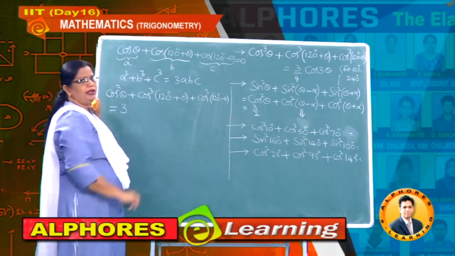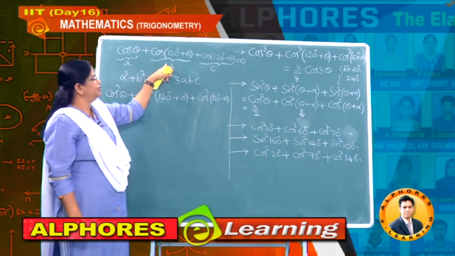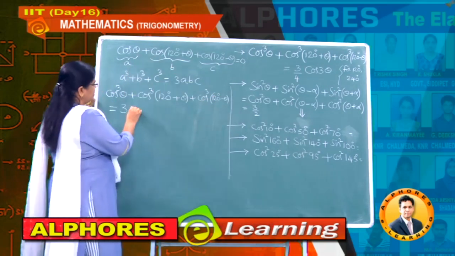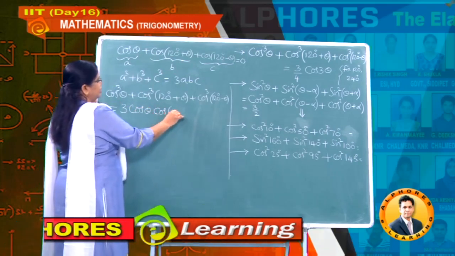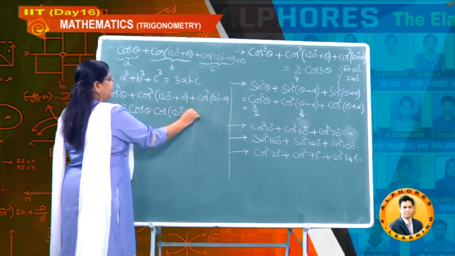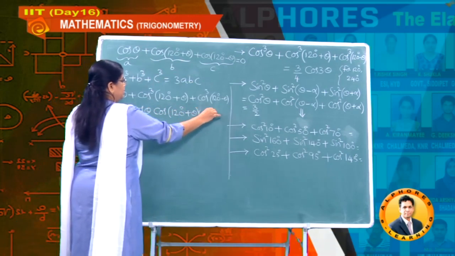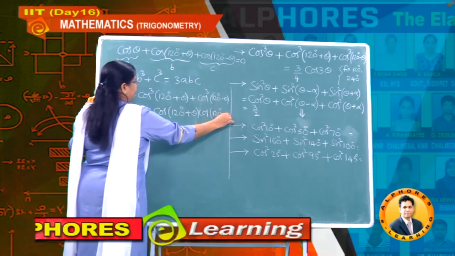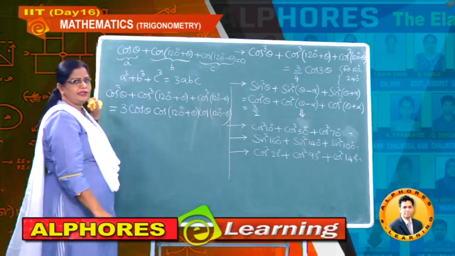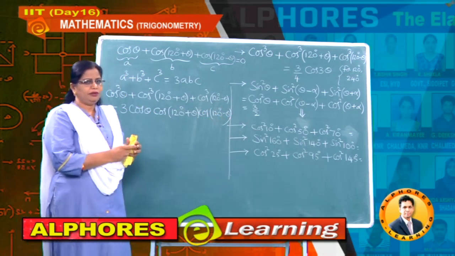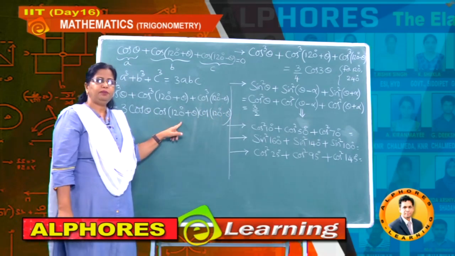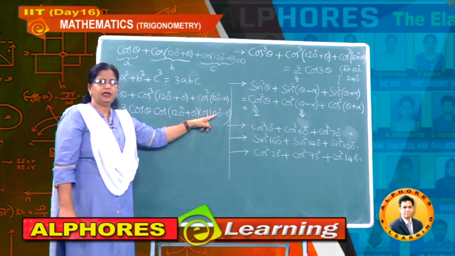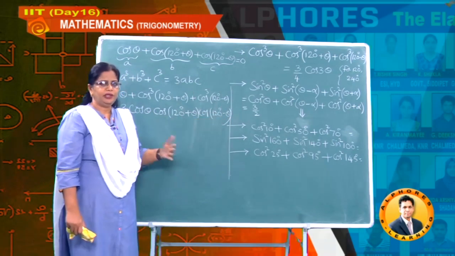What is our a here? Cos theta. B is this, c is this. So let us substitute cos theta into cos of (120 plus theta) and into cos of (120 minus theta). Now yesterday we proved the value of cos theta cos (alpha plus theta) cos (alpha minus theta). What is the result?